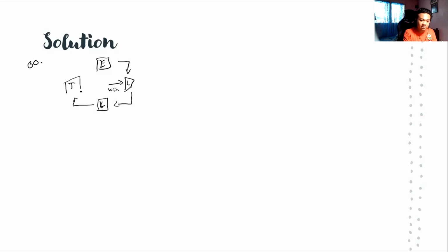Turbine, meaning it produces work now, and then goes back to the evaporator. So let's number our steps. We have 3, and then we have 4.